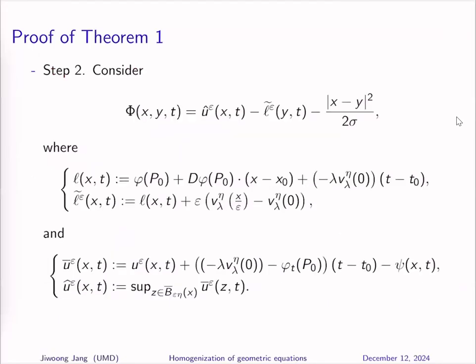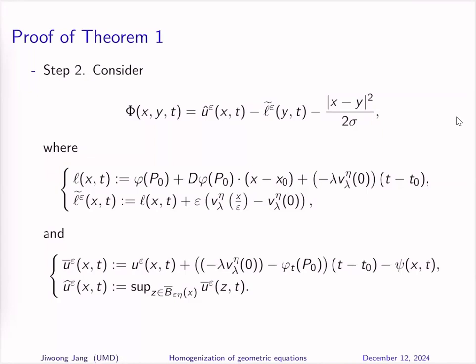Following the doubling variable framework, we consider this function. Here L is a planar traveling wave, and we have the effective speed that is approximated by negative lambda times v of lambda and eta. It approximates the effective speed at bar p.